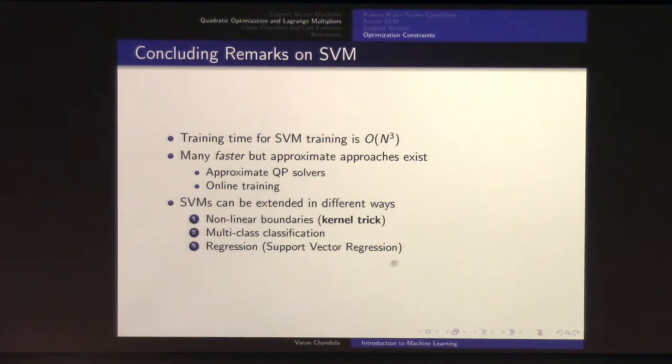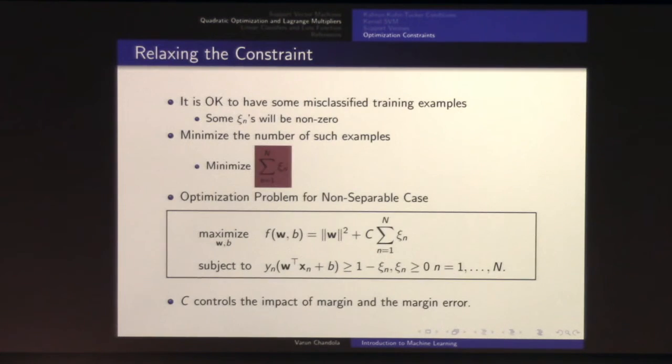that kind of a model is called support vector regression. So now you can learn nonlinear curves that fit data using support vector regression. The only thing that changes there is that the constraint becomes a little different, because now you're not trying to put points on the right side of the boundary, you're trying to fit points on a line or a curve. So this error becomes slightly different, but other things still hold.